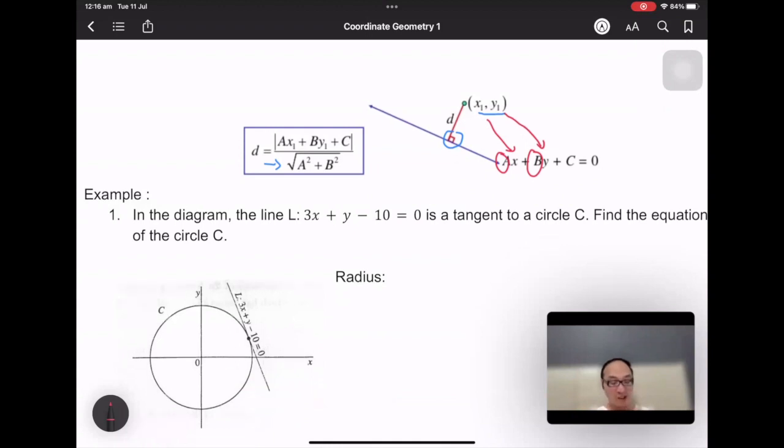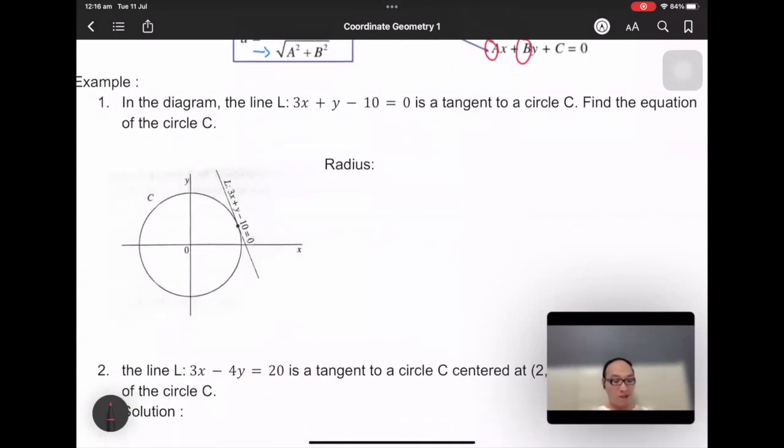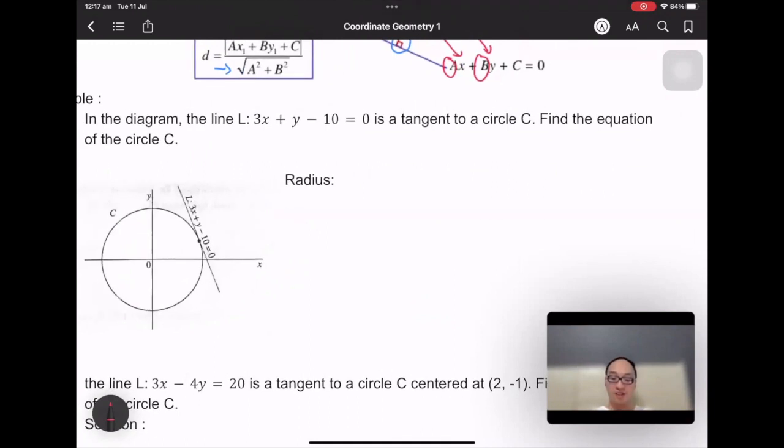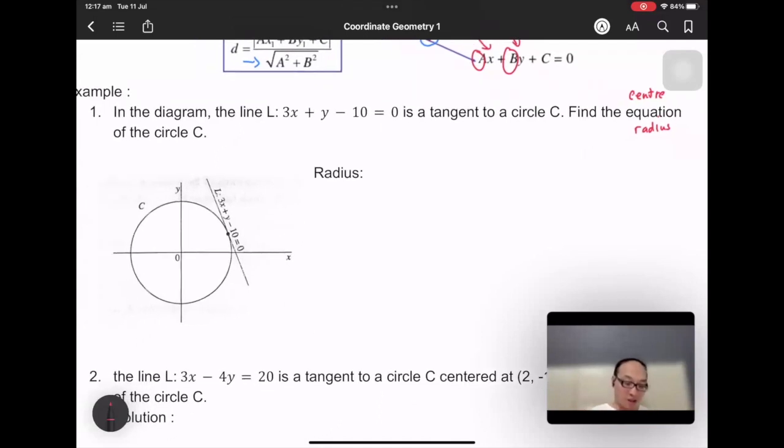For example, in the diagram, the line is a tangent to the circle C. Find the equation of the circle. Now, to find the equation of the circle, we need center and radius. From the figure, we know that the center is 0, 0.